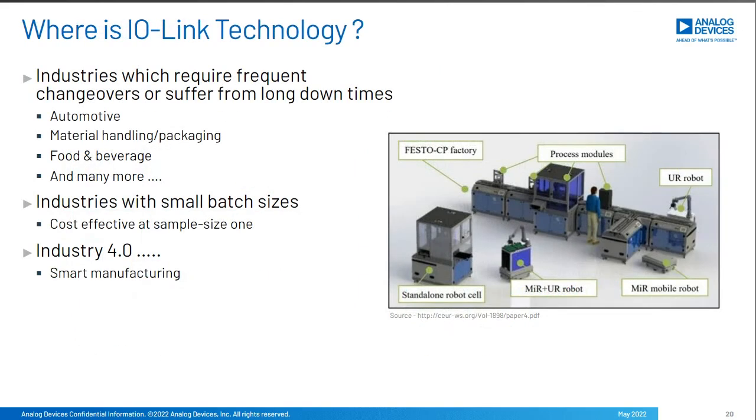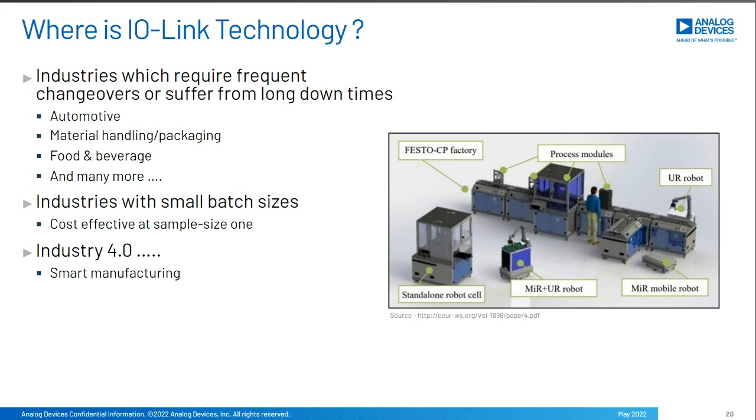Where is IO-Link used? It's mostly used in industries where frequent changeovers are happening or where downtimes are a big concern. Also, wherever you have small batch sizes, the goal is often to be cost effective at sample size 1.